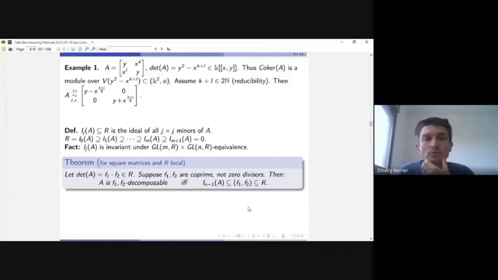So let's see how it works in this particular case. Here, let's compute the ideal of almost maximal minors. It is just I1. It is generated by the entries of the matrix, so just these two elements, and then of course it can be presented in this way. Here I assume that the number 2 is invertible in our base field.